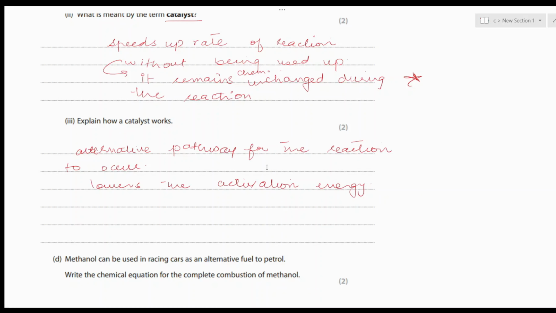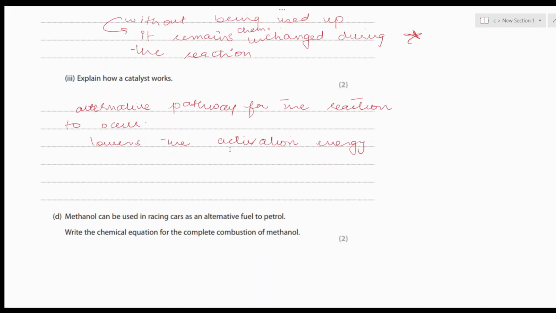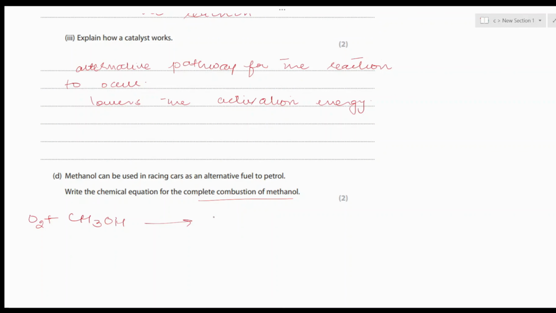Okay, what is the chemical equation for combustion of methanol? It's a complete combustion. Methanol is CH3OH, already given, so it would burn in oxygen and form. What are the products of combustion? They're always the same: carbon dioxide and water. And is this balanced? Okay, let's do it then.